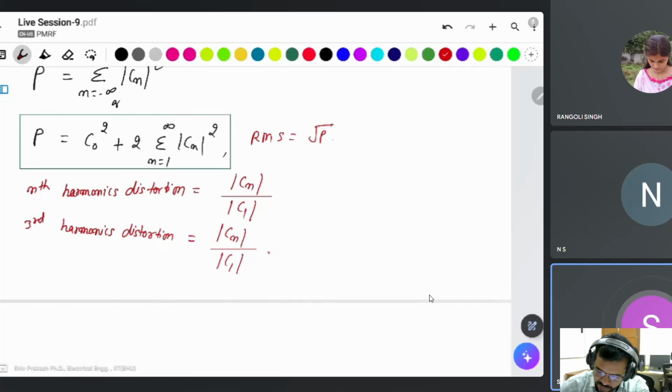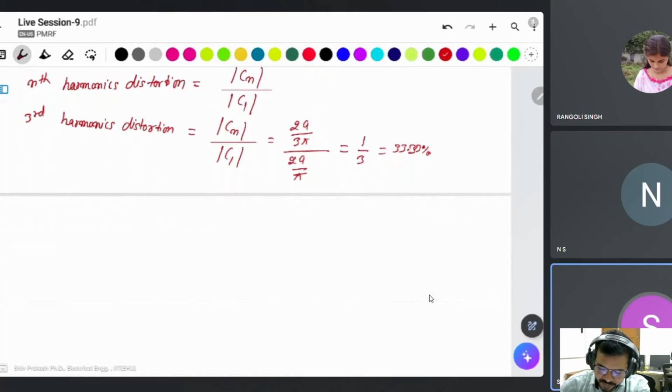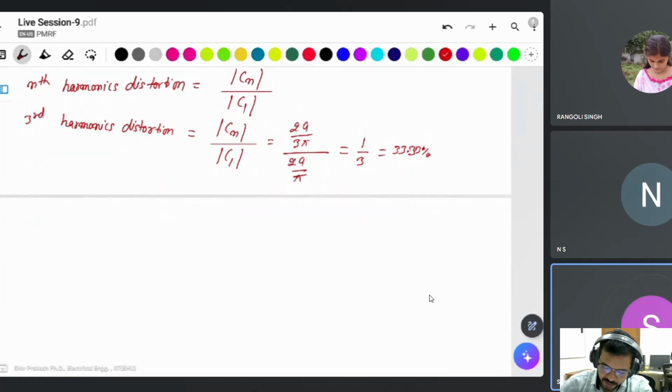For this signal, 2a by n pi, the third harmonic is 2a by 3 pi divided by the fundamental 2a by pi, where n equal to 1 is the fundamental. This is 1 by 3, 33.33%, the third harmonic part in this waveform. What is the total harmonic distortion?